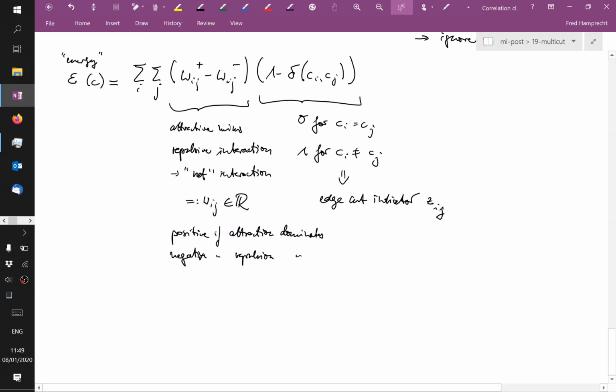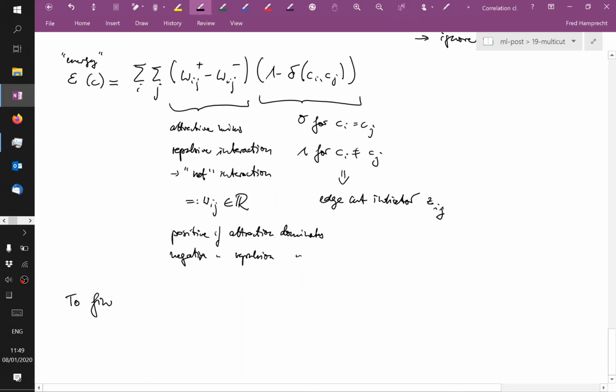All right. So now we have found a representation in terms of node labelings. We have found a measure of frustration. We have rearranged it into an energy. And so we can now formulate the clustering problem as an energy optimization problem.